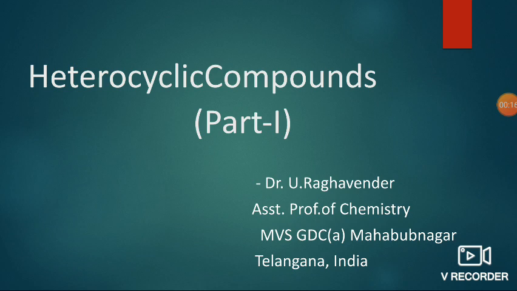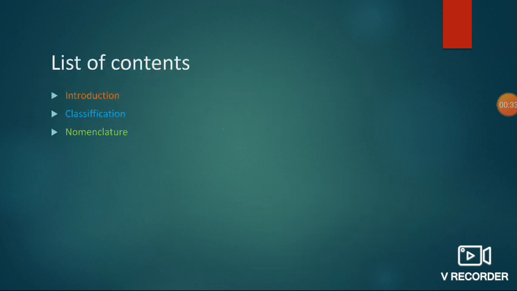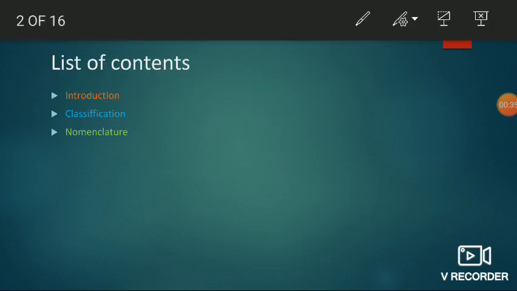In this video, I would like to explain about heterocyclic compounds. That is, in this video, I want to go through part 1 of heterocyclic compounds. What are the list of contents I would like to explain in this video?